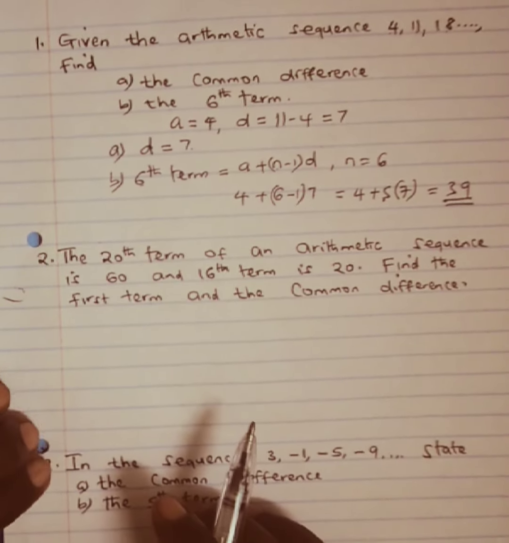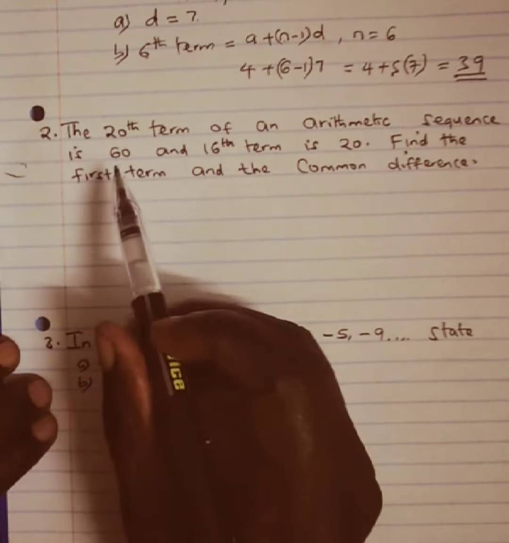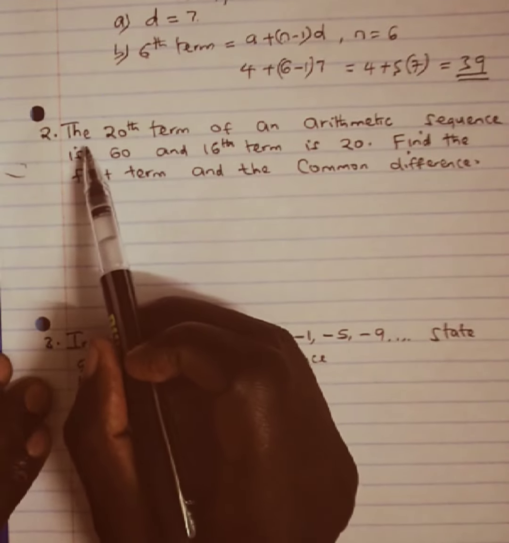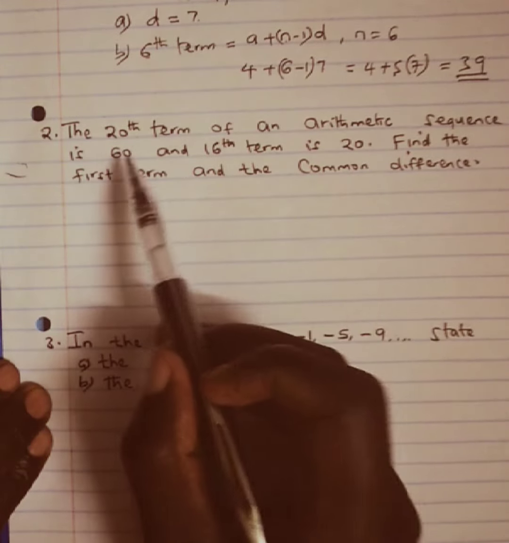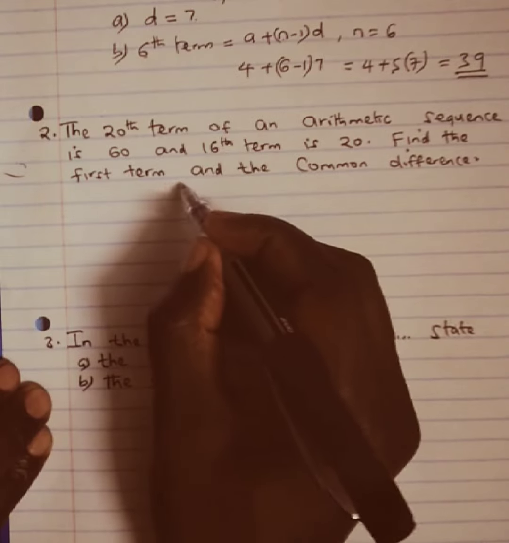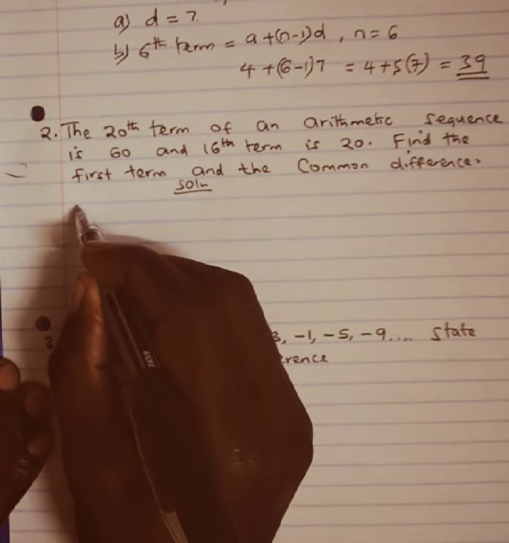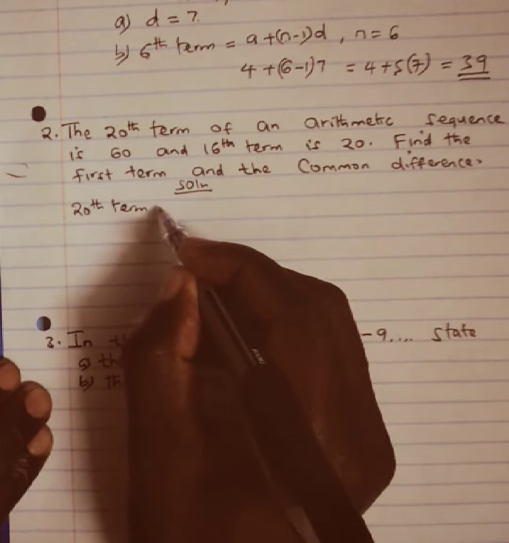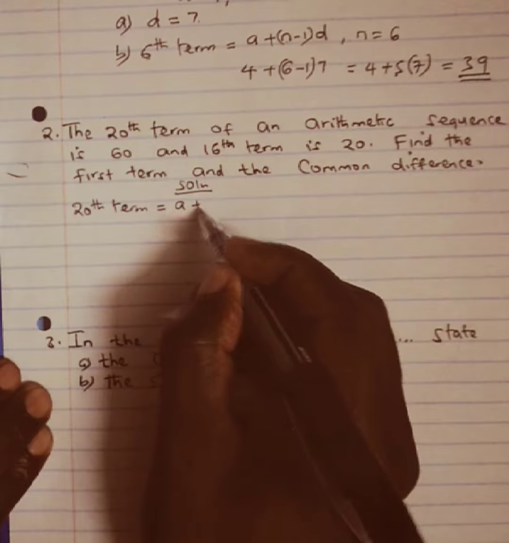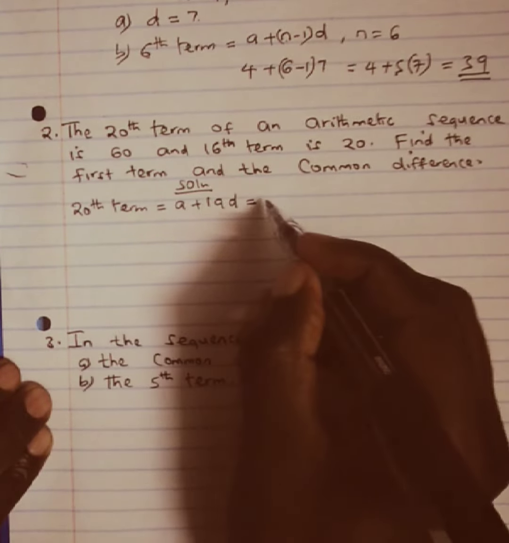Let us look at question number 2. Question number 2 reads, the 20th term of an arithmetic sequence is 60. So let us look at the solution anyway. We are told that the 20th term, and we know the 20th term will be a plus 19d, and we are told it is 60.